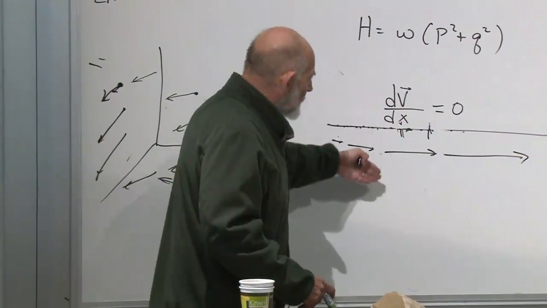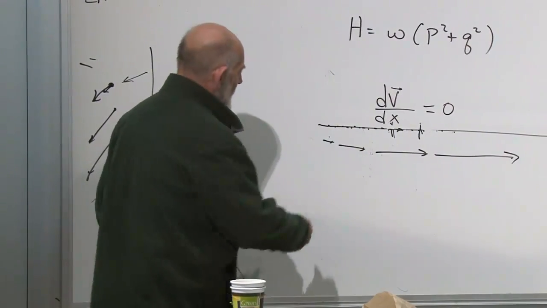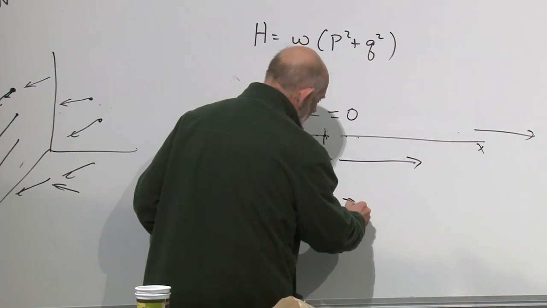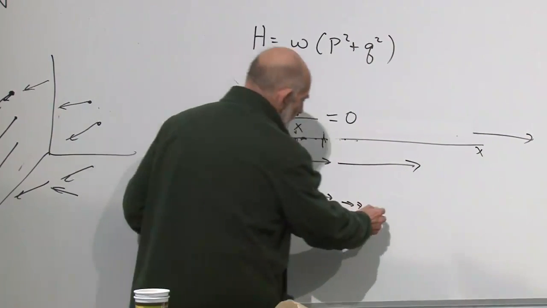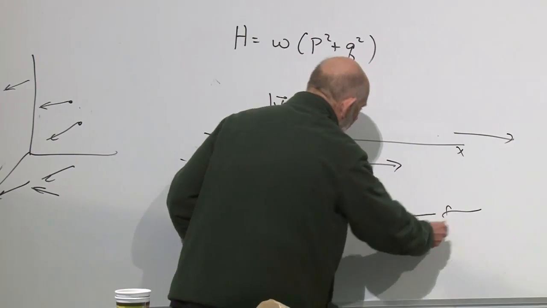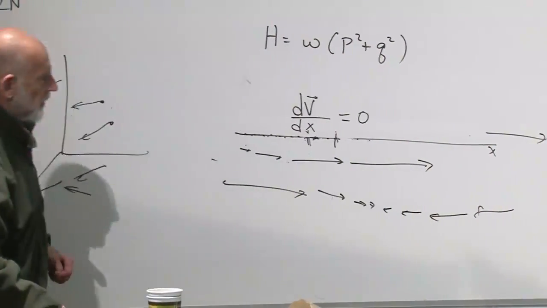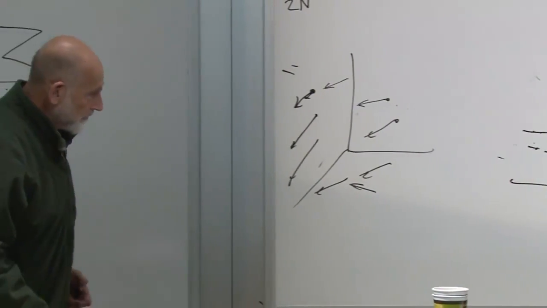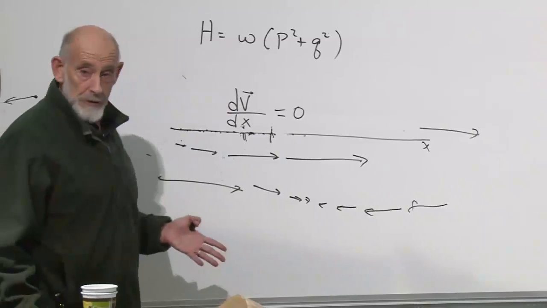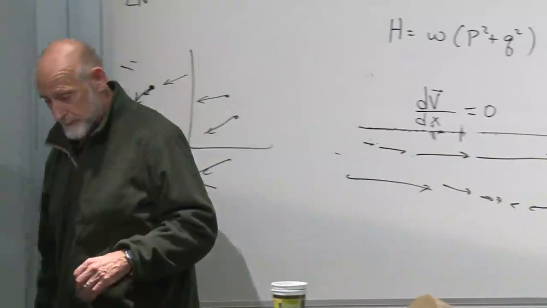And if dv dx is negative, that means that the velocity over here is large, then smaller, smaller, smaller, and maybe even turning negative and going the other way. It's clear that that's a compressional kind of situation. dv dx being 0 is the incompressible fluid.